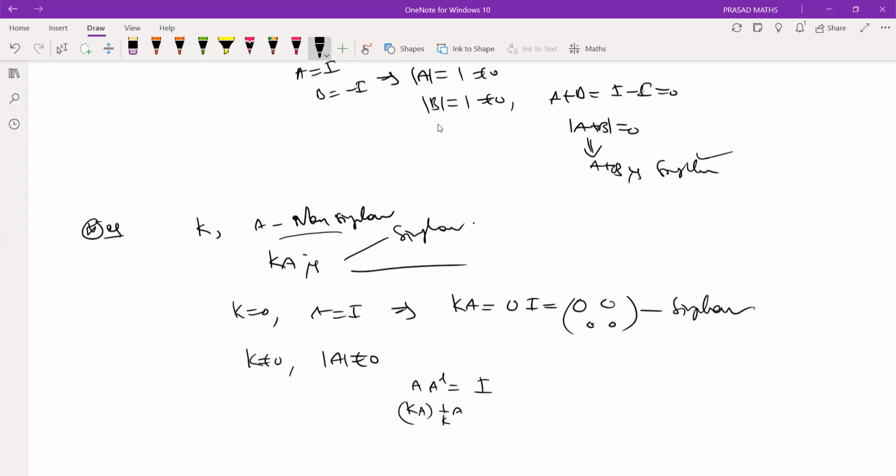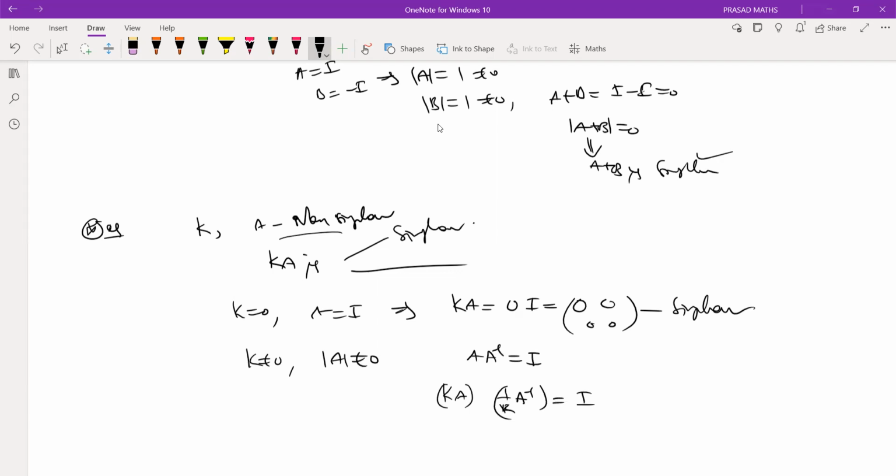So 1 by K into A inverse is equal to identity, because A is invertible, therefore A into A inverse is equal to 1.